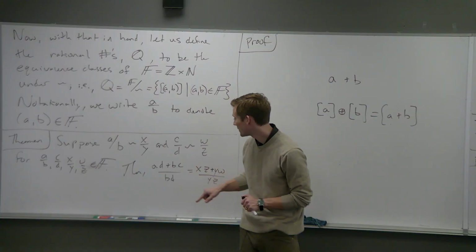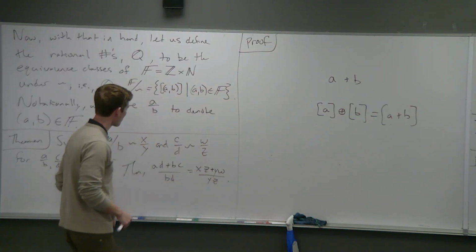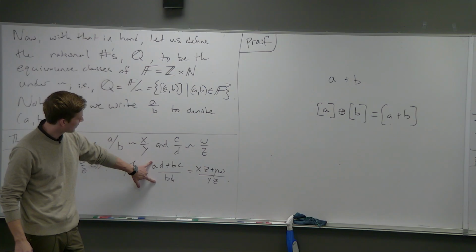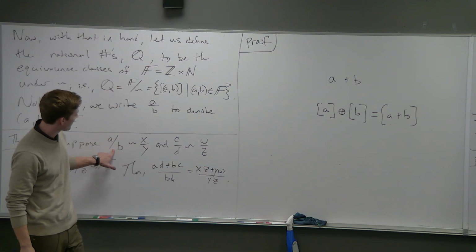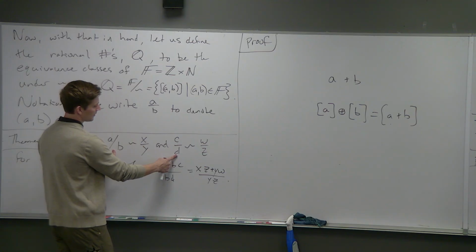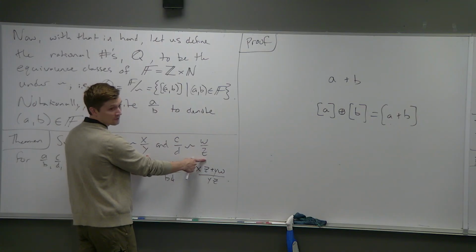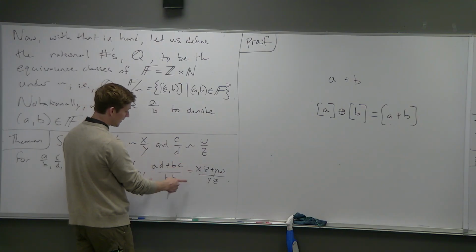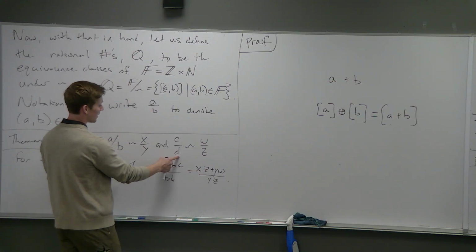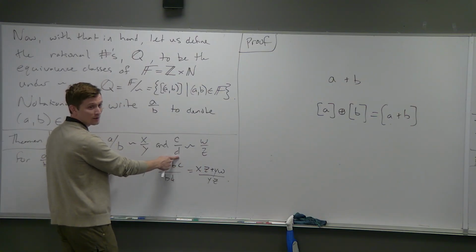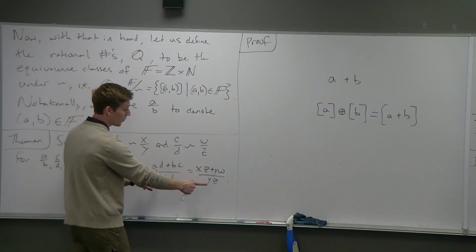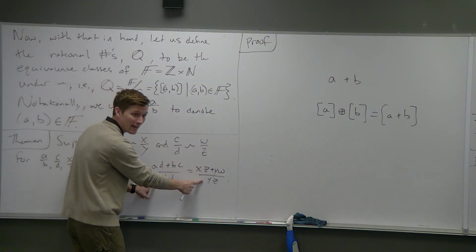That is, the fraction you get when you add A over B and C over D is the same as the fraction you get when you add X over Y and W over Z. It doesn't matter which things you pick from each equivalence class to add together, the equivalence class they generate is the same.